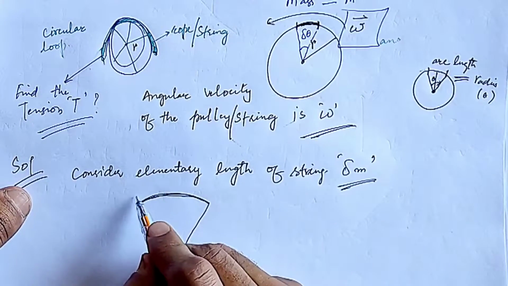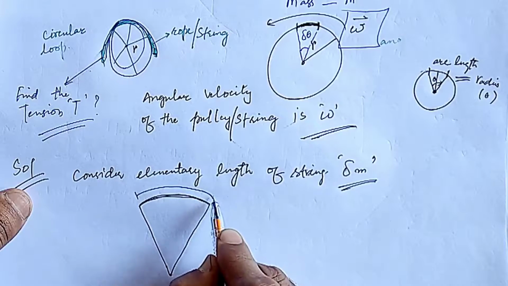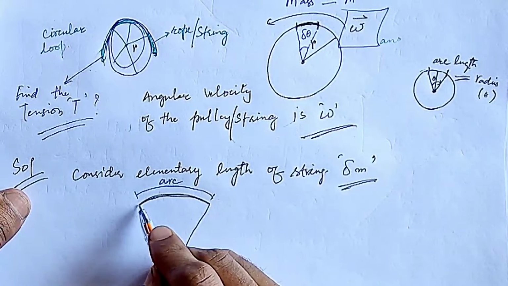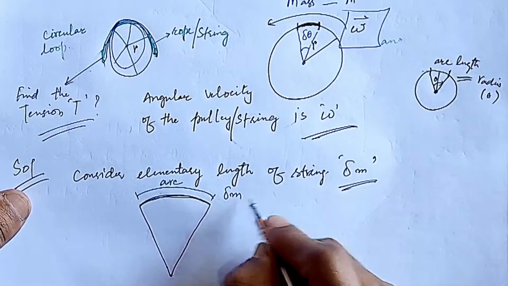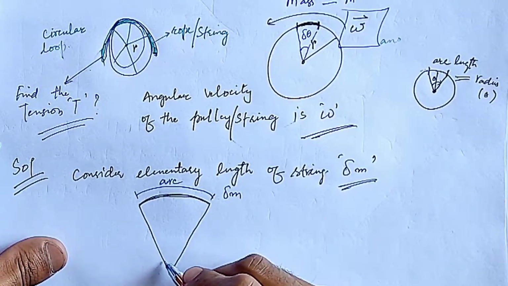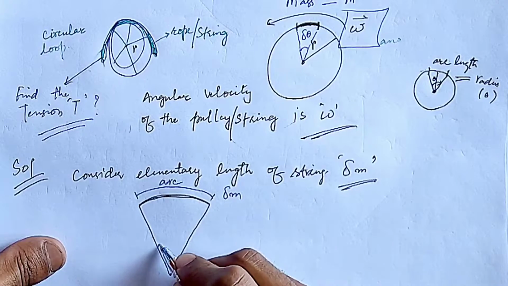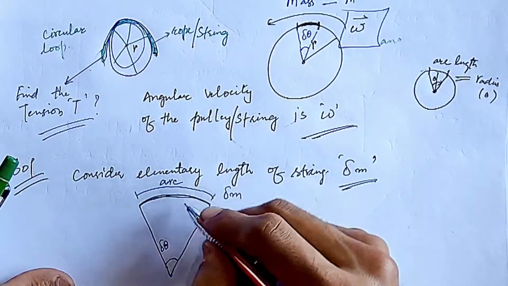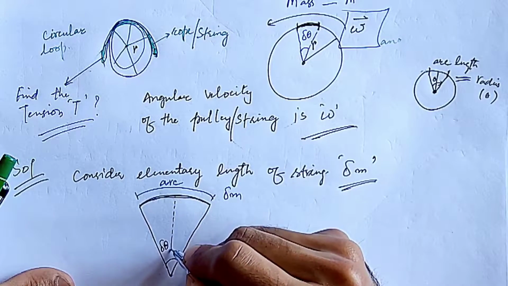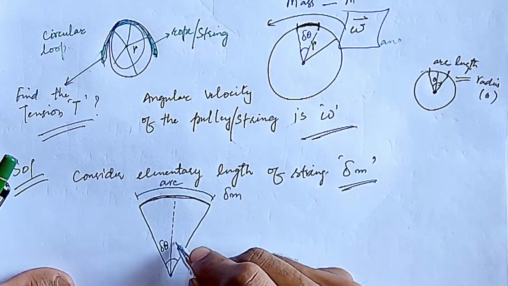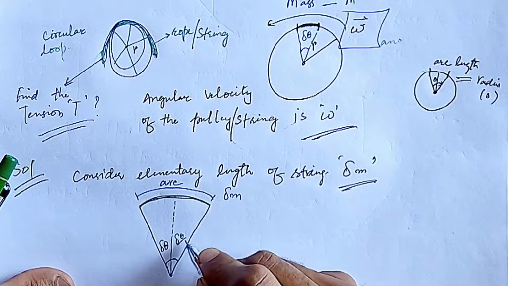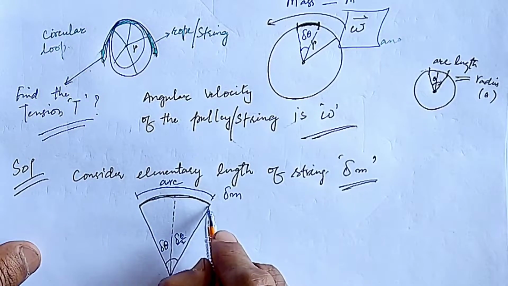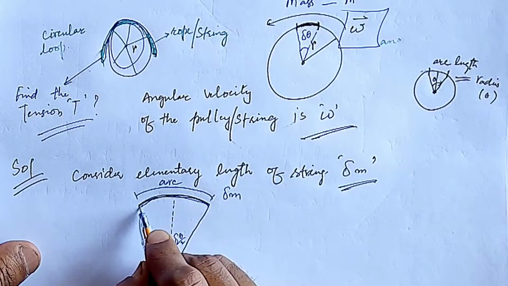So this is the arc, this very arc, we have taken this very arc with mass delta m, and this very angle is delta theta. Fine, so that means the half angle will be equal to delta theta by 2. Fine, so this is the elementary length.